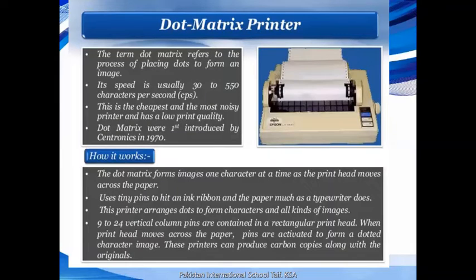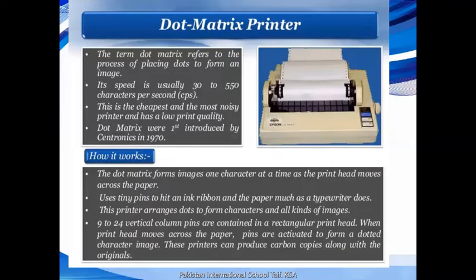Dot matrix forms images one character at a time as the print head moves across the paper. It uses thin pins to hit an ink ribbon and the paper, much as a typewriter does. This printer arranges dots to form characters and all kinds of images. 9 to 24 vertical column pins are contained in a rectangular print head.